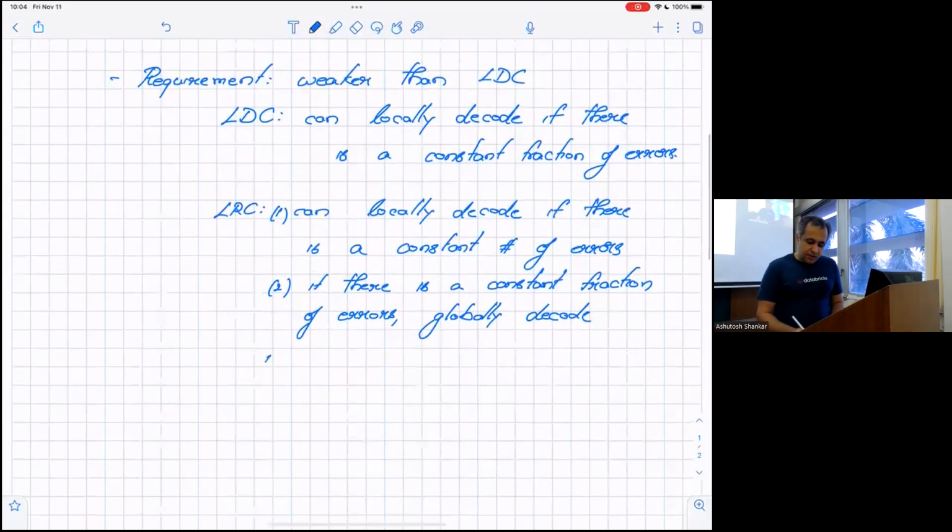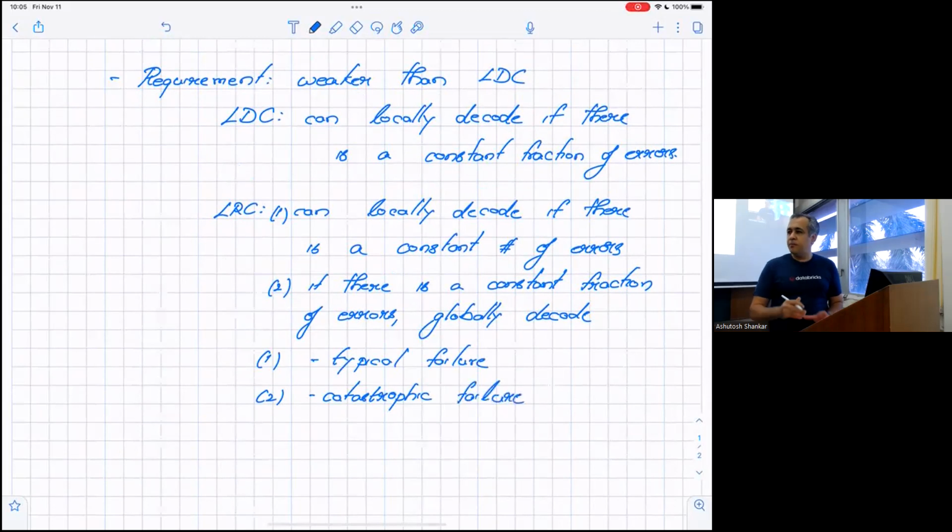And so 1 is a typical failure, and 2 is what we call a catastrophic failure. So in that case, it's okay to spend more time and read the whole thing.